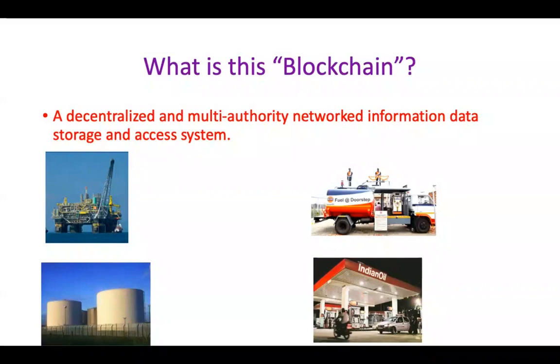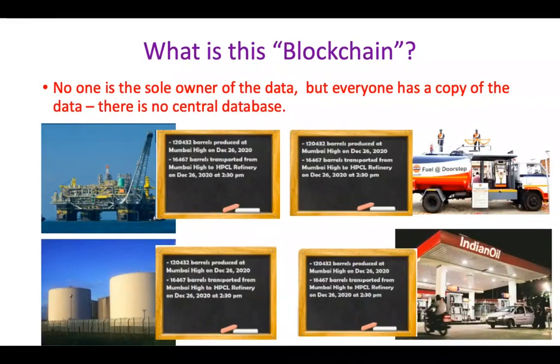If you recollect the case studies, the public bulletin which is maintained, that copy will be available with every entity in this network. So no one is the sole owner of the data, everyone is the owner of the data, and everyone has a copy of that data, so there is no central database here.